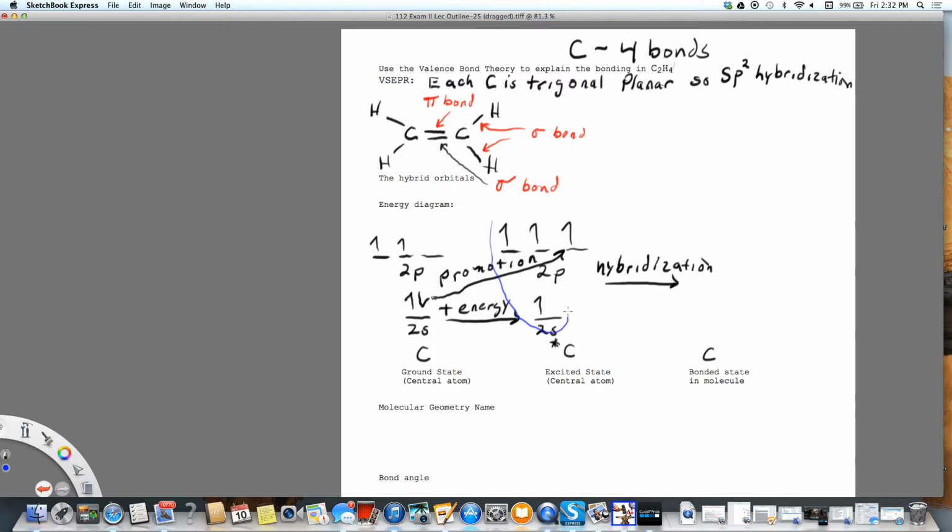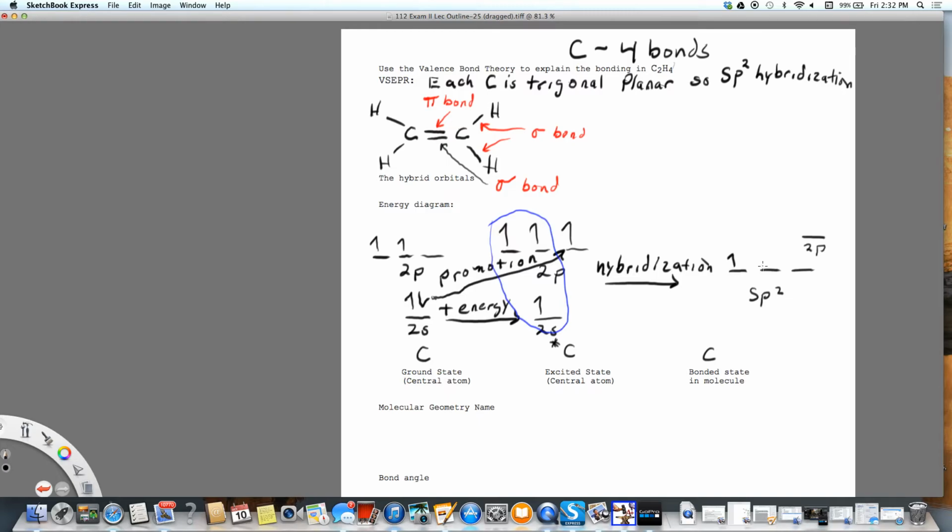Only these 3, because we're looking at sp2 hybridization. So now, when we hybridize, and we want to draw these in between, this is going to be sp2, and one of these p electrons is going to remain on the p orbital. So that's sp2, and this is 2p, the one I have left over.